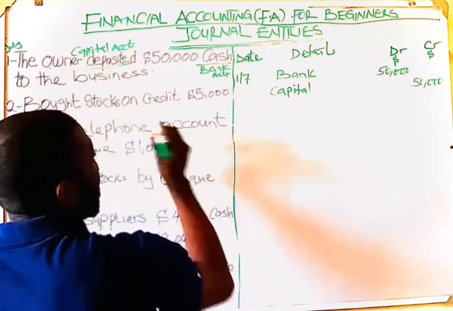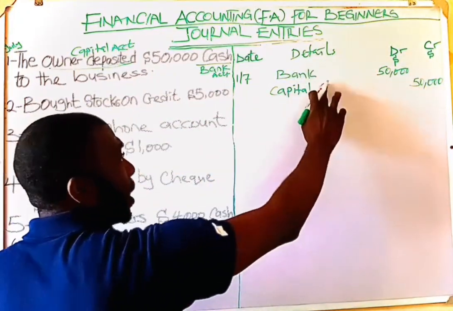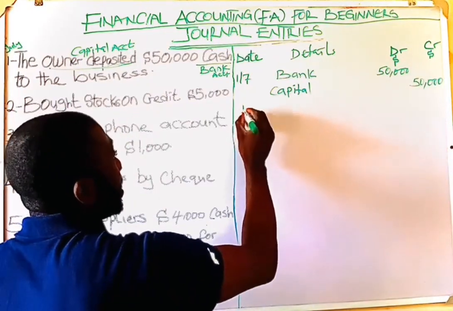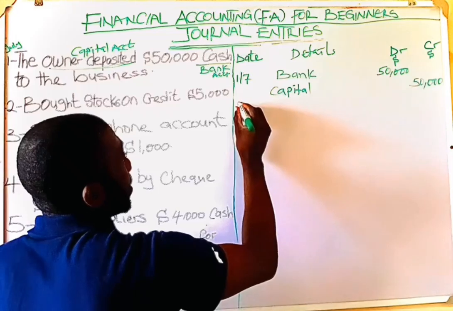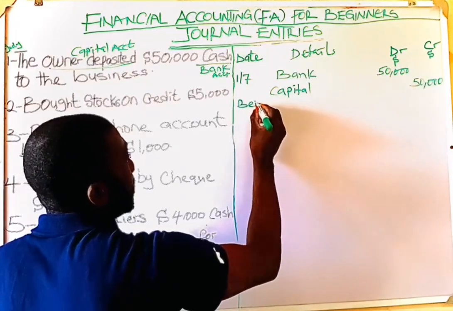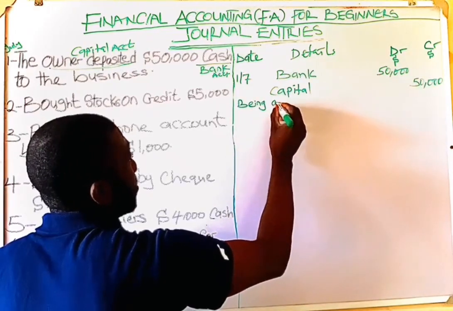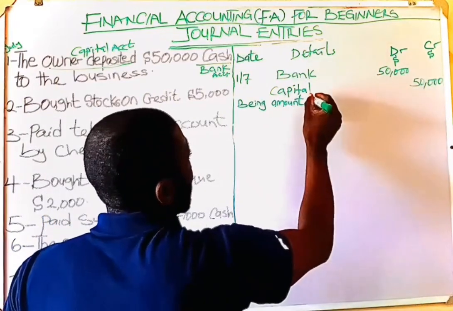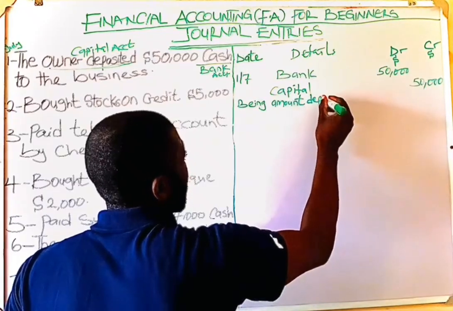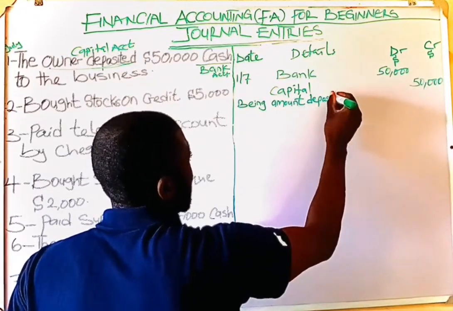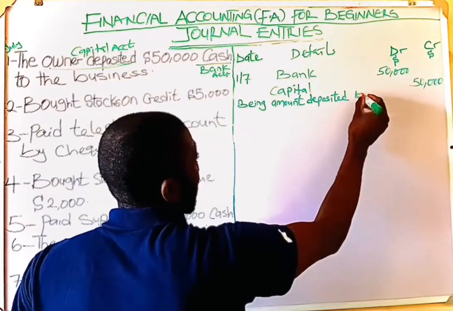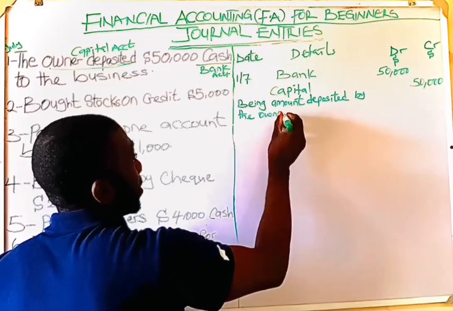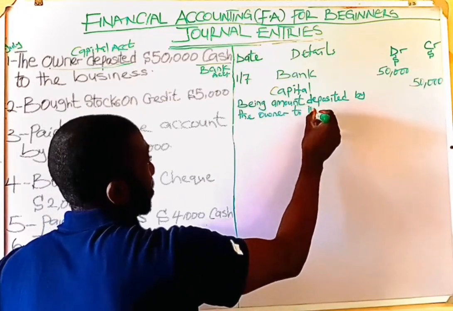Like this, you say the reason why we have bank at the debit and capital at the credit is being amount deposited by the owner to the business.